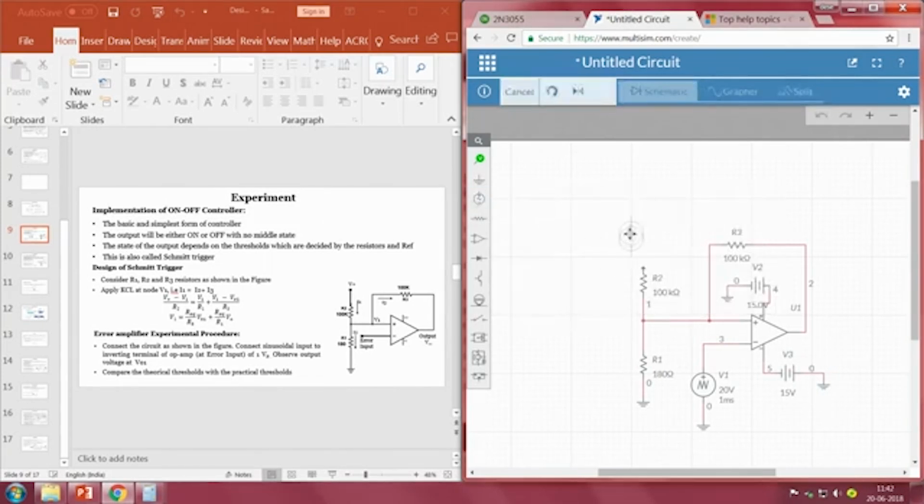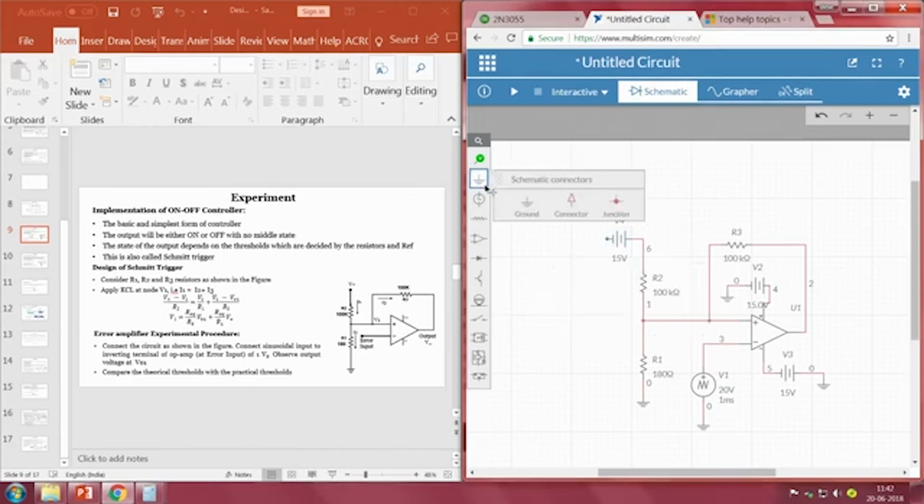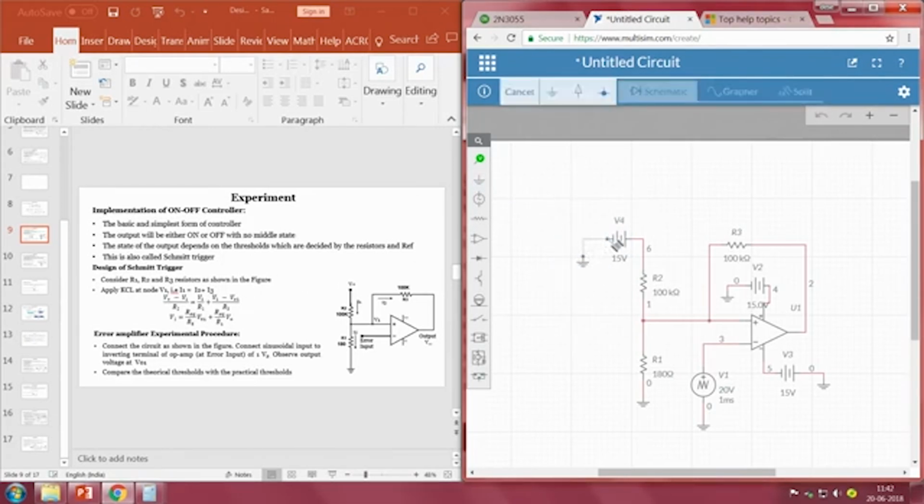It is very important what voltage we are using, because the threshold values depend upon the supply voltage we connect as well as the voltage we connect at this point. Since we have calculated for 15, let me change it to 15, and connect the other terminal. So, now we have to understand this.